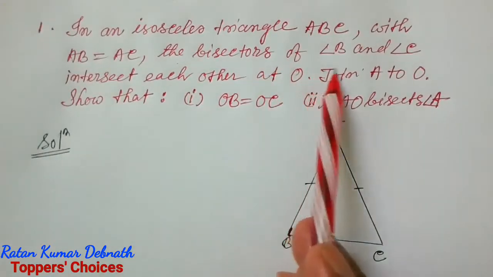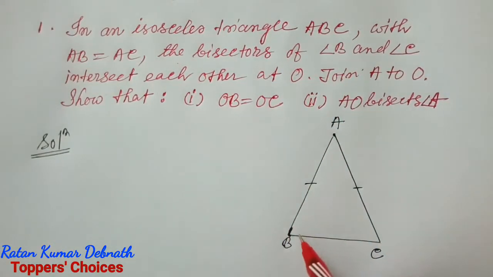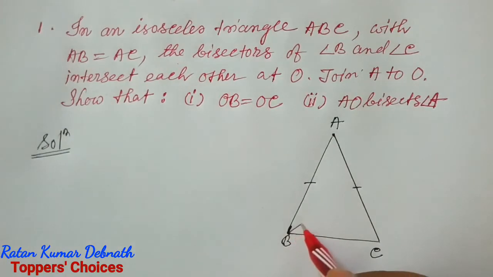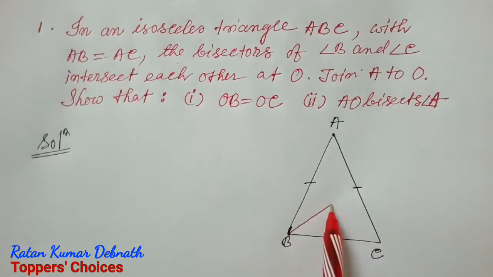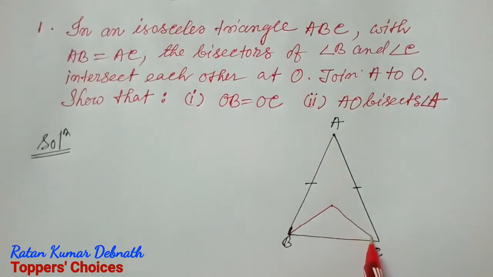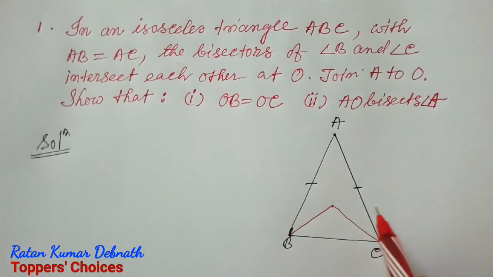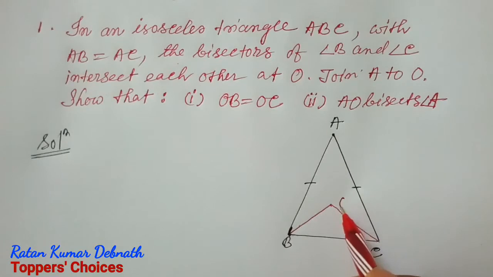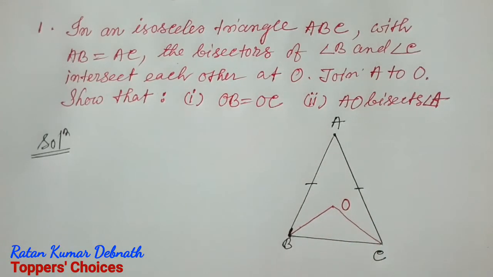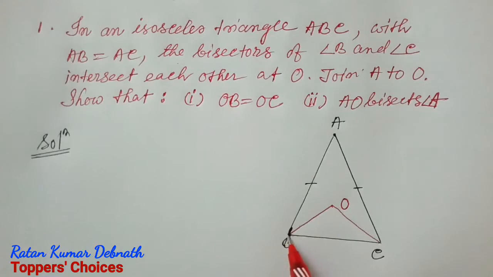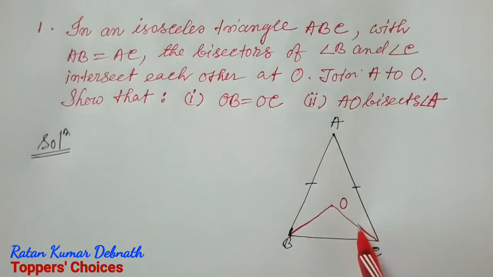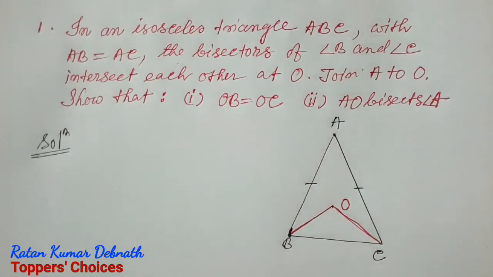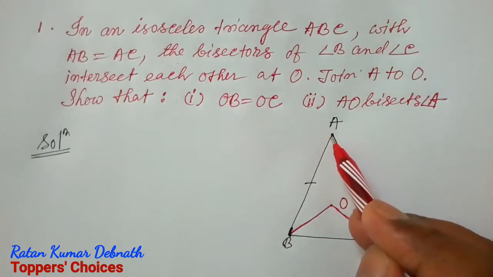The bisectors of B and C, the bisector of B is this, the bisector of angle C is this, and they intersect each other at O, that is, this bisector and this bisector meet at O. Now join AO.